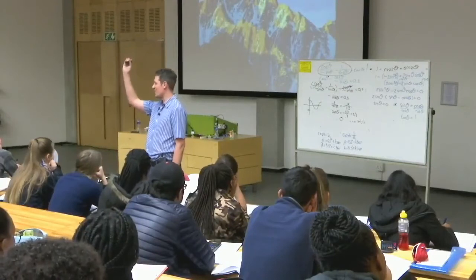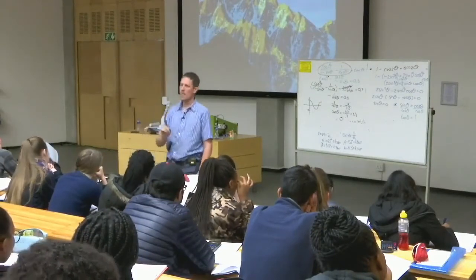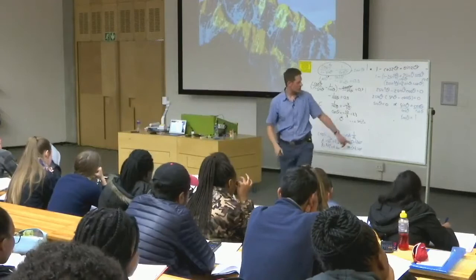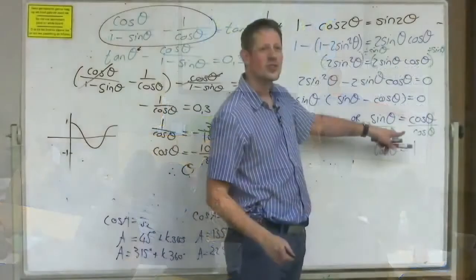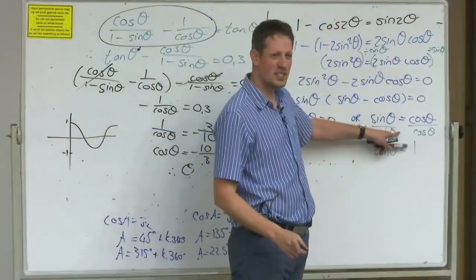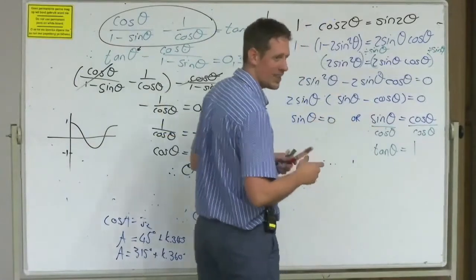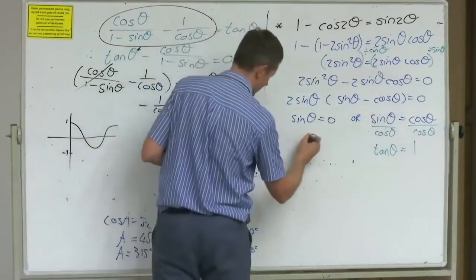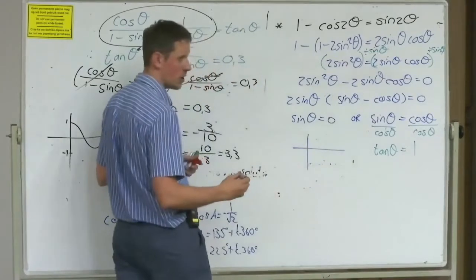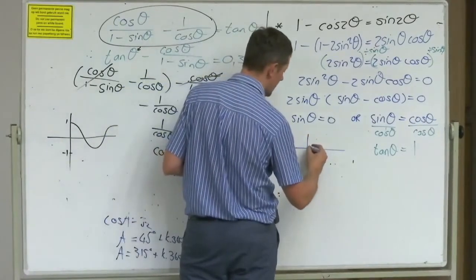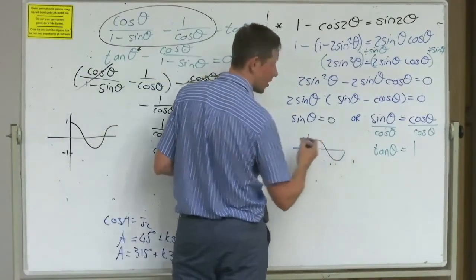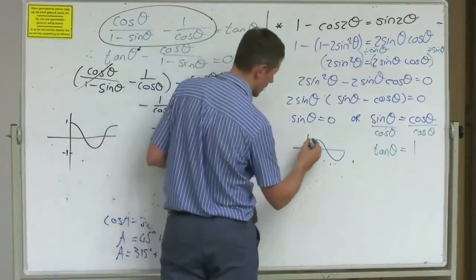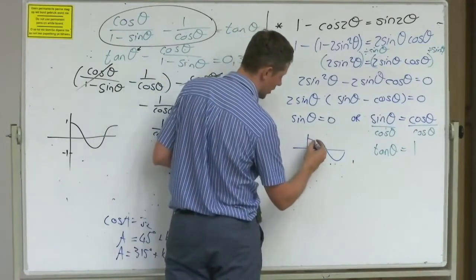Am I allowed to divide by 0? Now the question is, what about this? What makes this different? Guys, look at the graph of sine theta and cos theta. There's the basic graph of sine theta and there's cos theta.